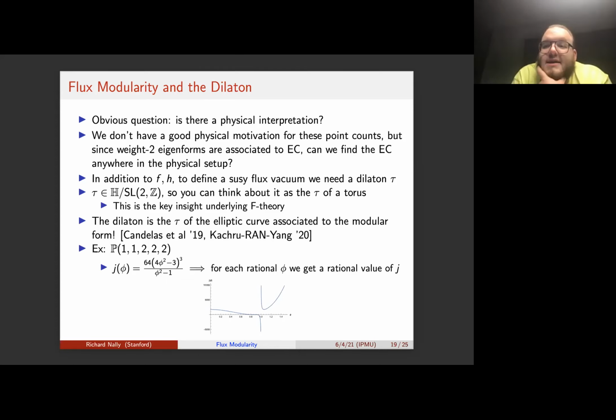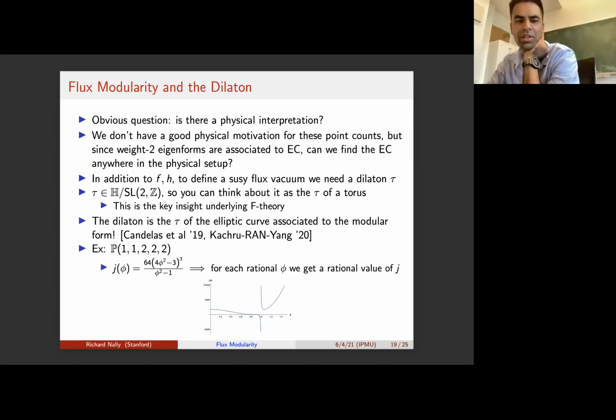And so an excellent hint in this direction comes from the fact that in addition to picking fluxes, you need a dilaton tau. And so tau lives in H mod SL2Z, so you can really think of it as the modular parameter of some curve. And this is basically the point of F theory.